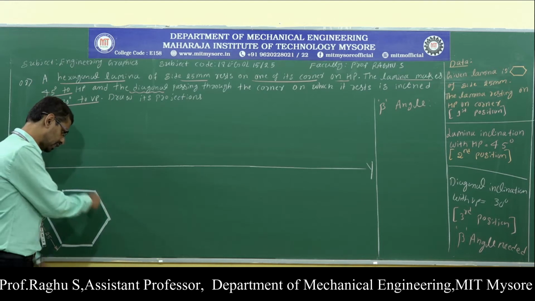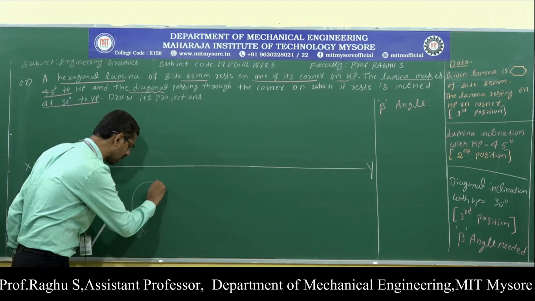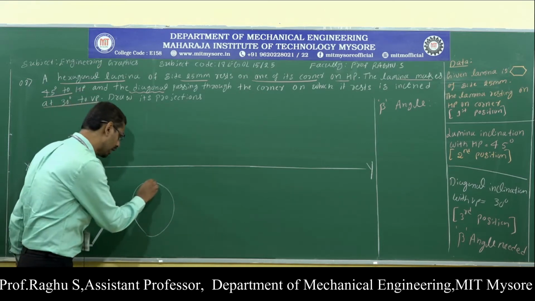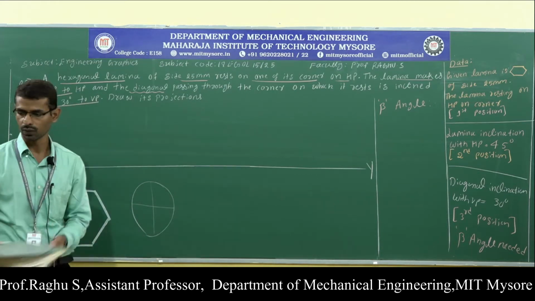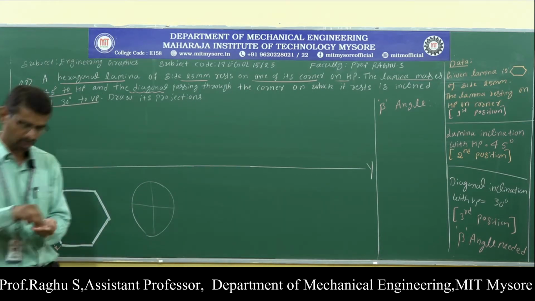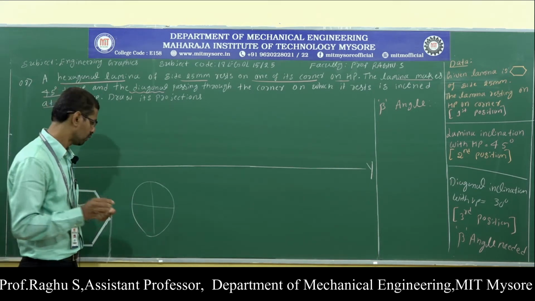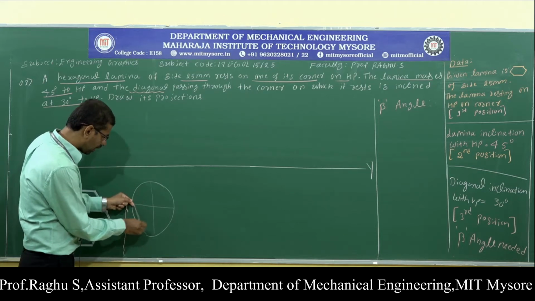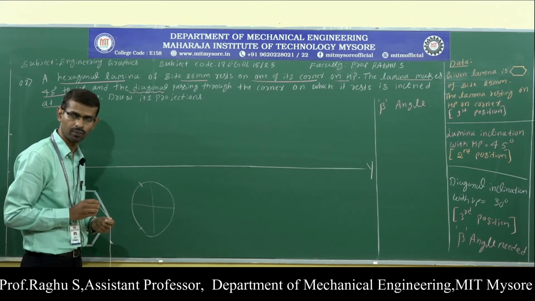So how to construct a hexagonal lamina? First, draw a circle. Next, divide the circle into 4 equal parts. Next, take a 25 mm dimension using a compass. From this point, cut two arcs at a distance of 25 mm.